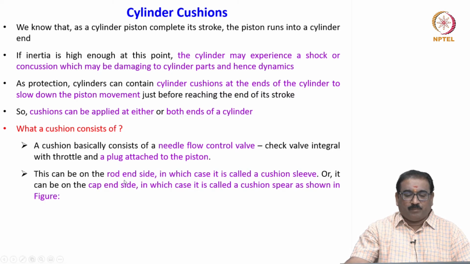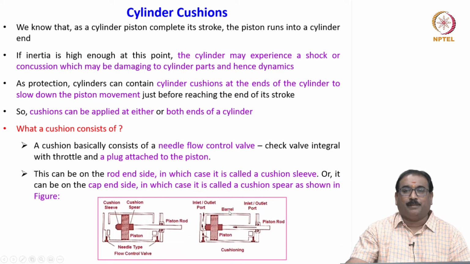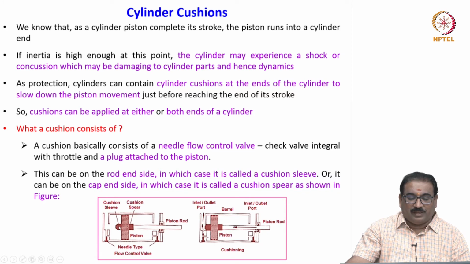This can be on the rod end side, in which case it is called a cushion sleeve, or it can be on the cap end side, in which case it is called a cushion spear, as shown in the figure below here. You will see here the two side cushions.